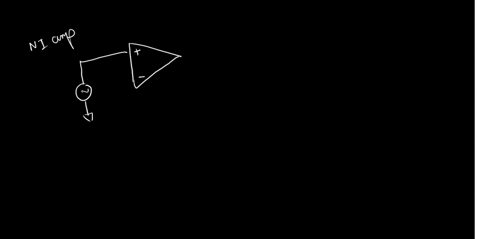Similarly, you can see the non-inverting mode, the non-inverting amplifier. How will it work? You have to apply the source at the positive terminal and ground the negative terminal, and measure the output across the load. Correct?